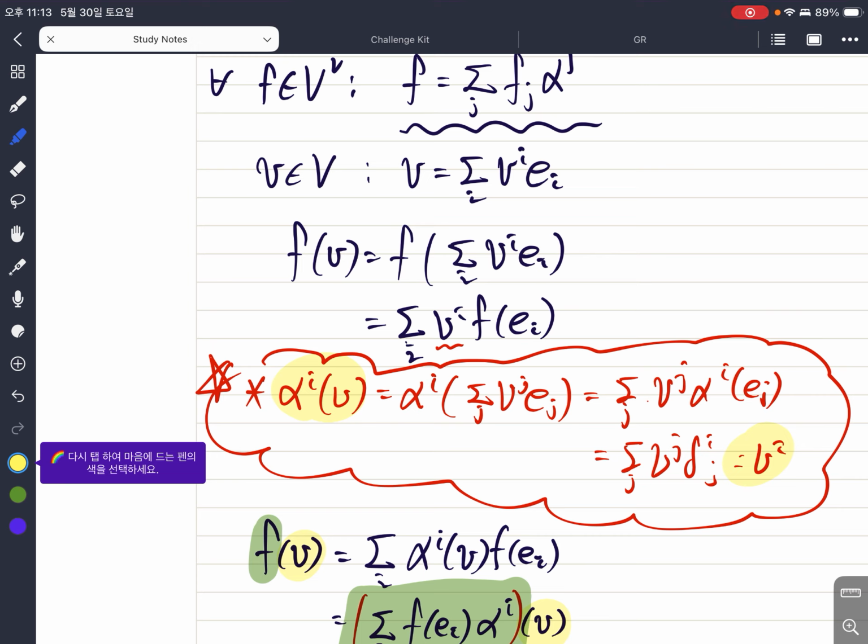So the role of alpha is just picking out the component. So it is in fact equivalent to just the coordinate functions.